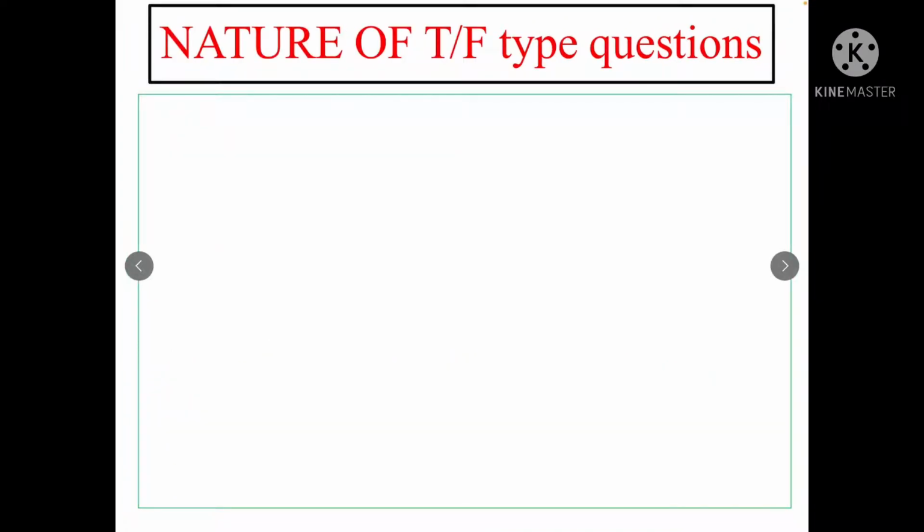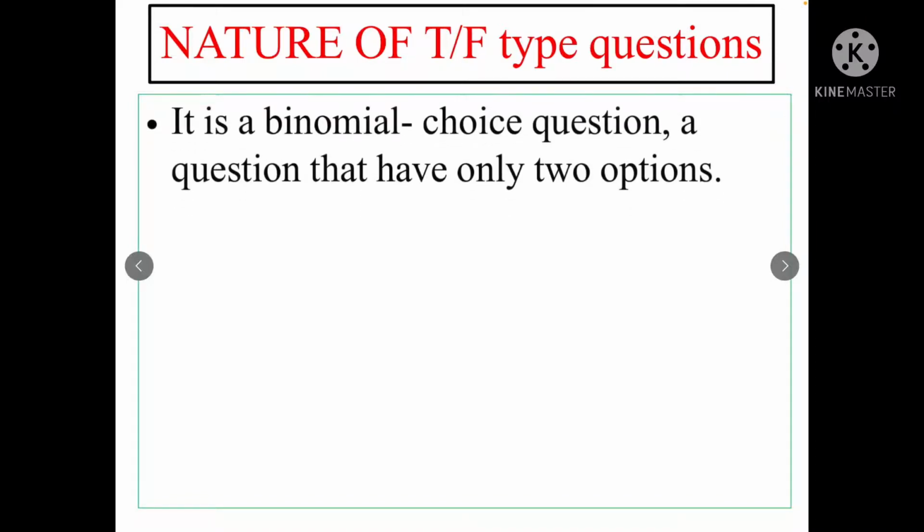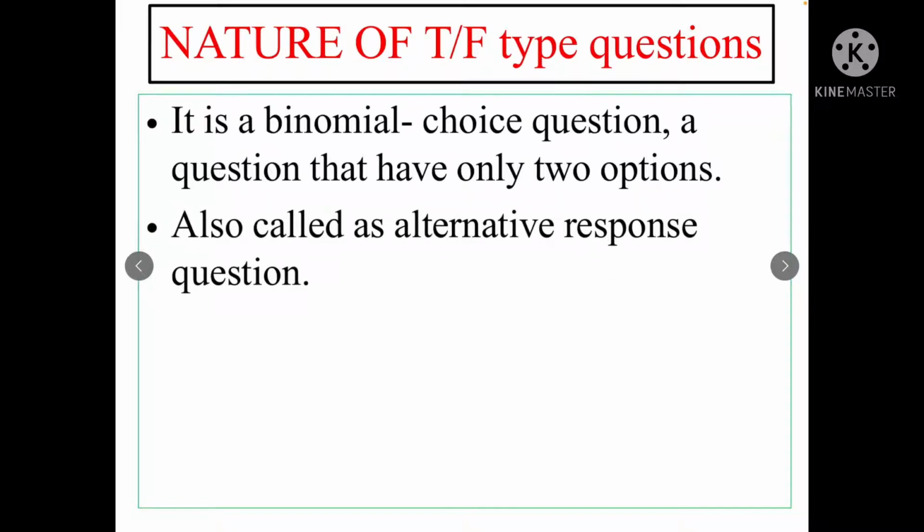Now, what is the nature of true-false type questions? It is a binomial choice question. Binomial choice question means the question having 2 choices. Binomial means 2 choices. A question that has only 2 options, true or false. For this, it is also called an alternative response question.